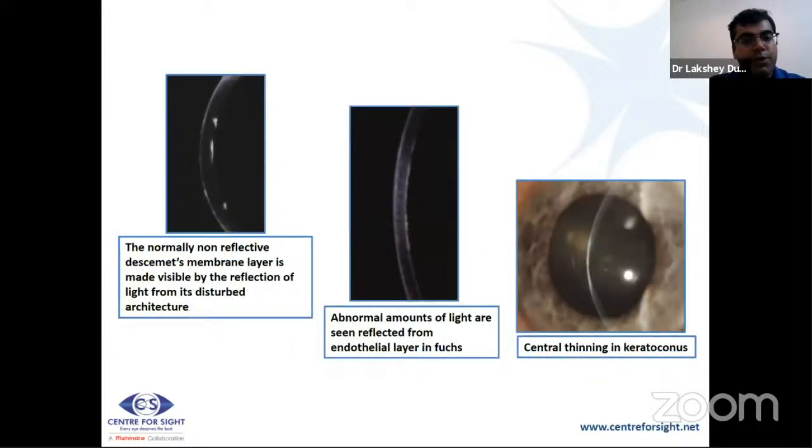First image shows the Descemet membrane, which is usually non-reflective, but it is thickened and disturbed. The second image shows an abnormal amount of light reflected from the endothelial layers seen in Fuchs dystrophy. Third image shows central thinning in keratoconus.